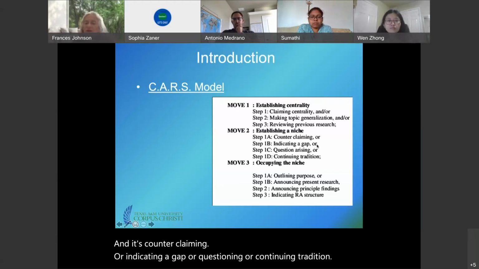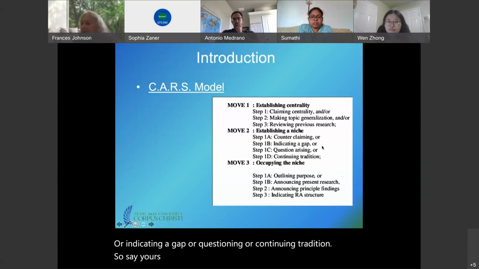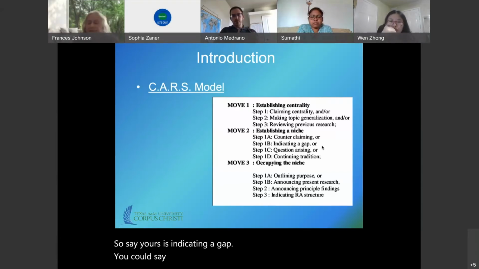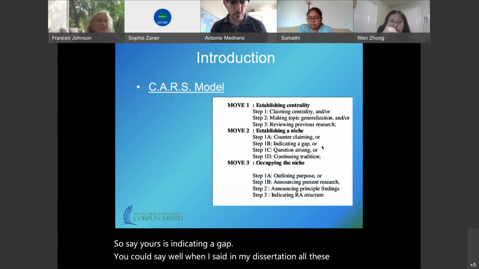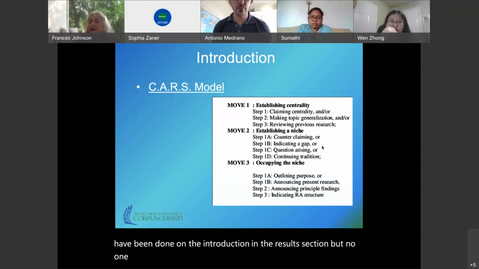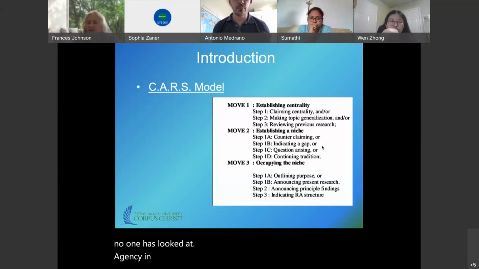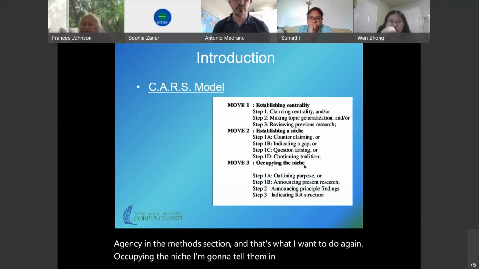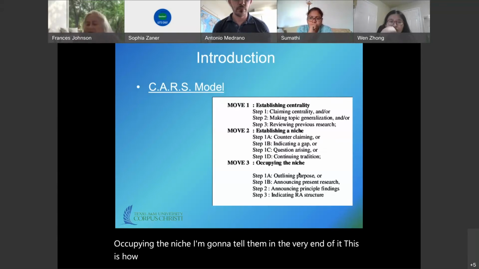So say yours is indicating a gap. You could say, well, what I said in my dissertation, all these studies have been done on the introduction and the results section, but no one has looked at agency in the methods section. And that's what I want to do. Again, occupying the niche. I'm going to tell them in the very end of it, this is how I'm going to occupy this niche.